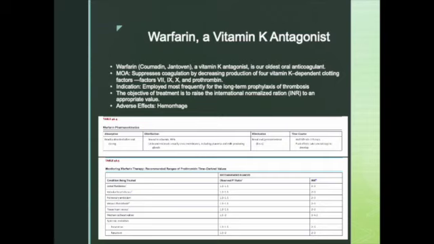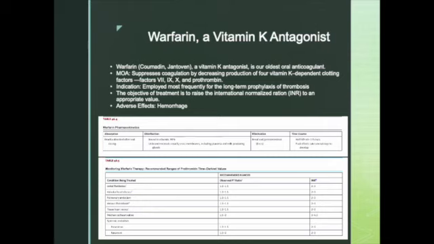It's used to prevent thrombosis, but in contrast to heparin, warfarin has a delayed onset, so it is not appropriate for emergency situations. But because we don't have to inject the medication, we can use this for long-term prophylaxis more successfully.